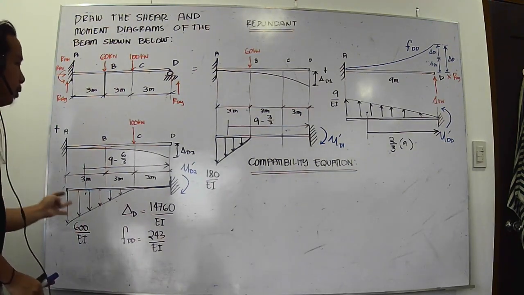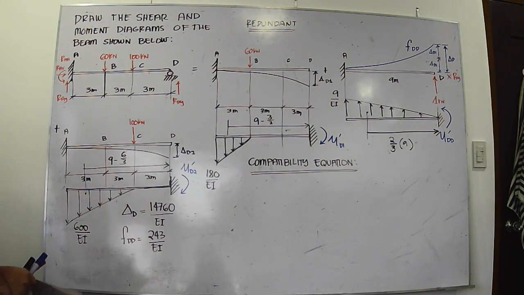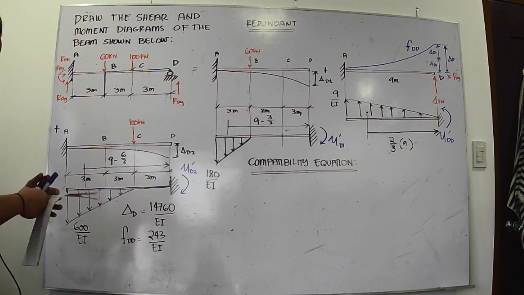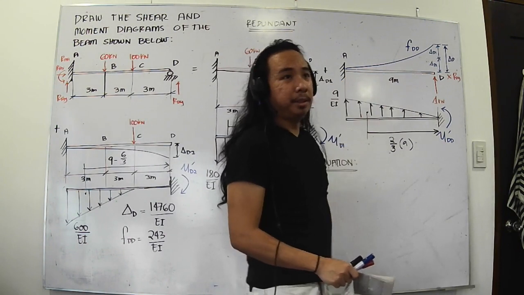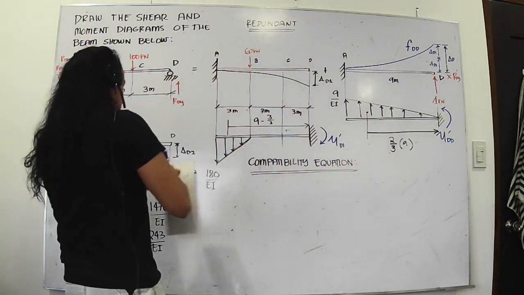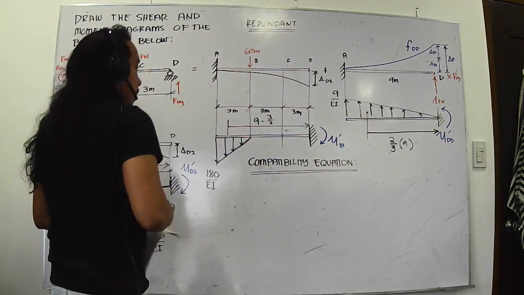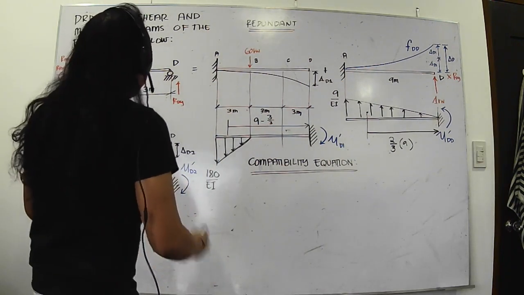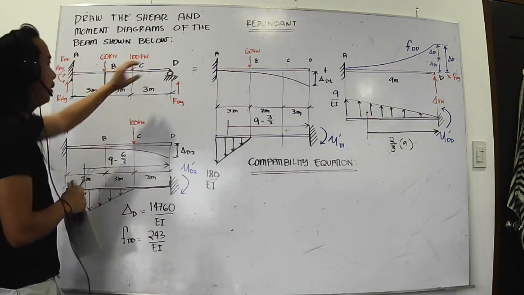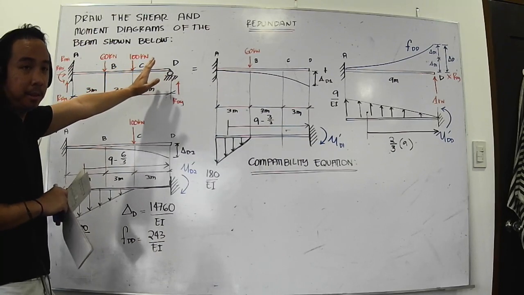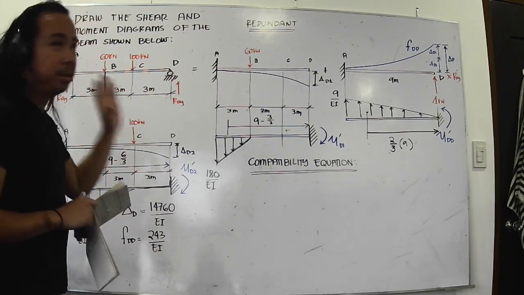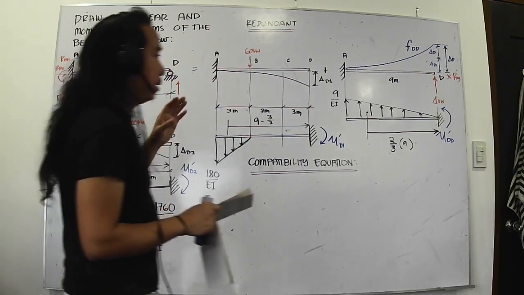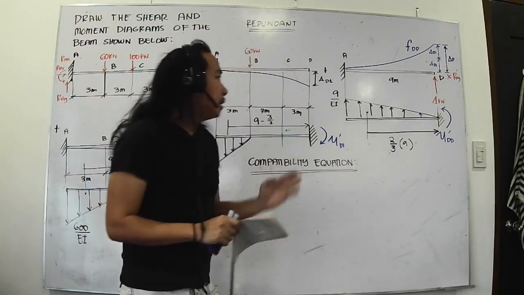Now we go to the compatibility equations. The reason why I changed this notation is that it is FDD in your notes. The idea here is that we know that the deflection at this point is 0. So if we add all of these deflections together, that should equal 0.